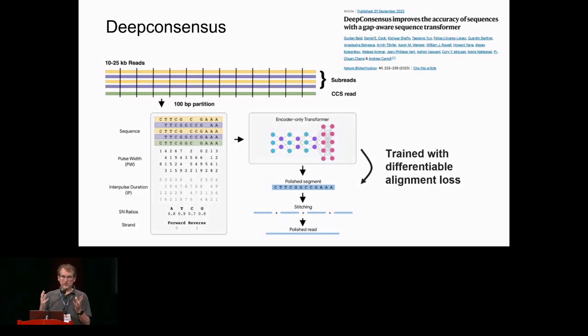There was only one difficulty, which is that, again, to train the model, we needed to compare the predicted consensus sequence with a true one. And it's well known that the types of errors that we were dealing with were mutations, insertions, and deletions.